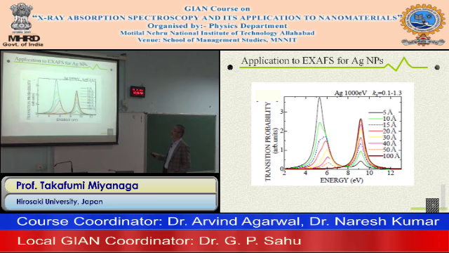For large particles, about 100 angstroms, there are no surface excitations, only bulk excitations. As the particle size decreases, the surface effect becomes larger and the bulk effect becomes smaller.